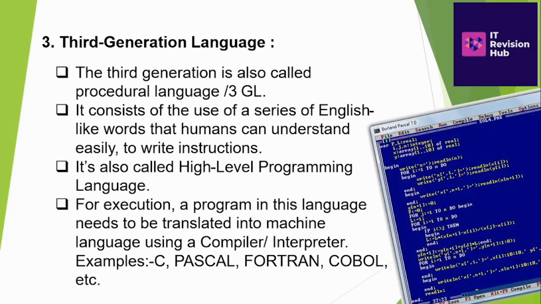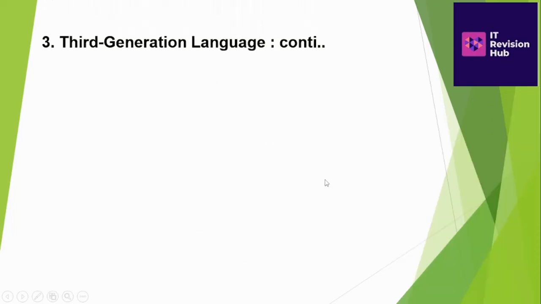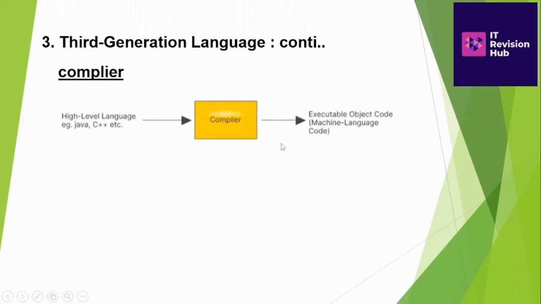This is a Turbo Pascal 7.0 code. Now we'll see what a compiler is. Compiler compiles high-level language code into executable object code, which is called machine language code. Now we'll see what an interpreter is.